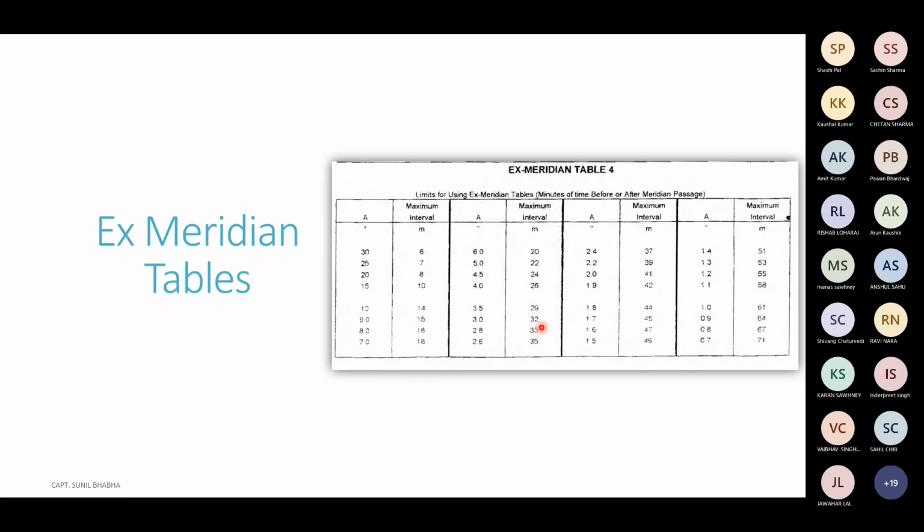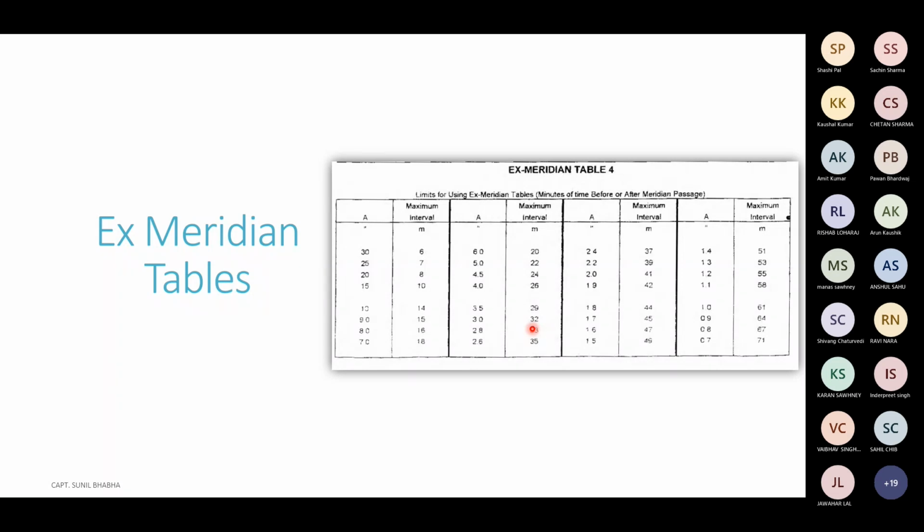This basically means 32 minutes before or after meridian passage. So it tells us that 32 minutes before MerPass and 32 minutes after MerPass is the time period in which the X meridian method can be used.